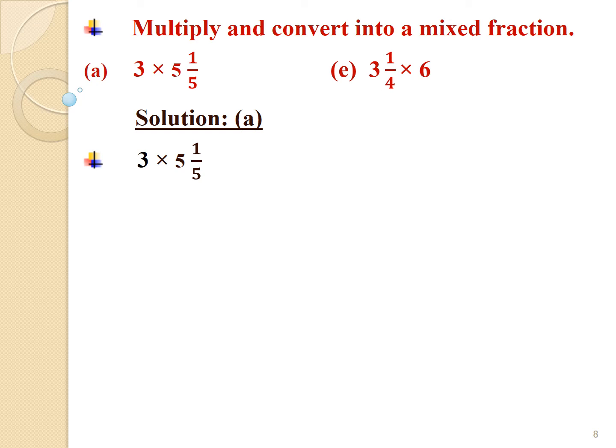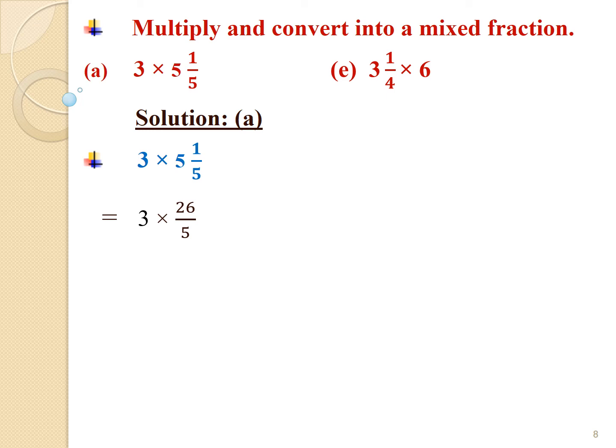Sum A: 3 into 5 integer 1 upon 5. First, converting 5 integer 1 upon 5 into an improper fraction. As we know that we have to first convert the mixed fraction into an improper fraction, we get 3 into 26 upon 5.